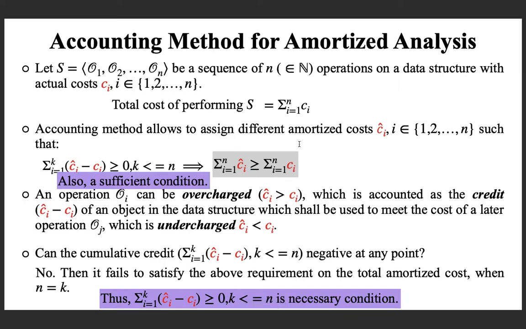So, it happens to be a necessary and sufficient condition for the correctness of an accounting method, which is nothing but the condition that at any point of time during the execution of the sequence of n operations, the total credit should be non-negative. It can be 0 or a positive value.